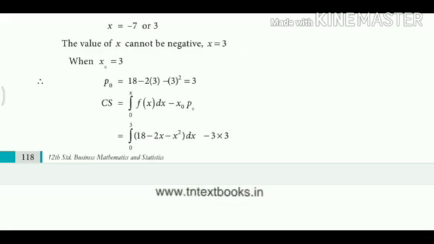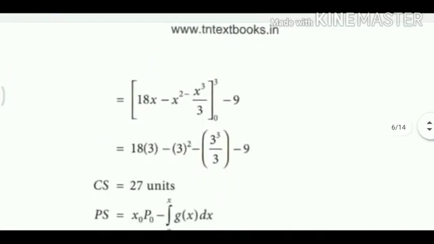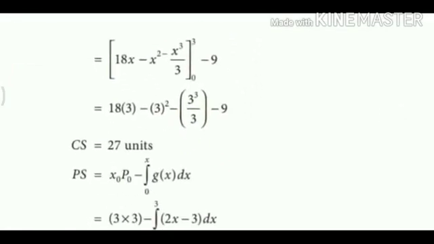Therefore the integration from 0 to 3 of f of x equals 18 minus 2x minus x square, where f of x is nothing but the demand function, minus x naught equal to 3 and P naught also 3, so 3 into 3. After integration, 18 gives 18x, 2x gives 2x square by 2, that is, 2 is cancelled, then x square gives x cube by 3. The limits are 0 to 3.